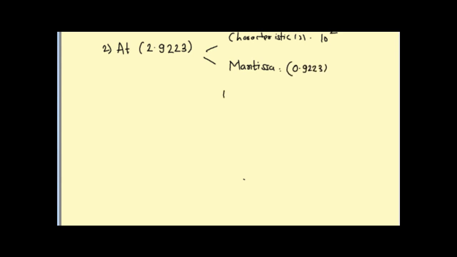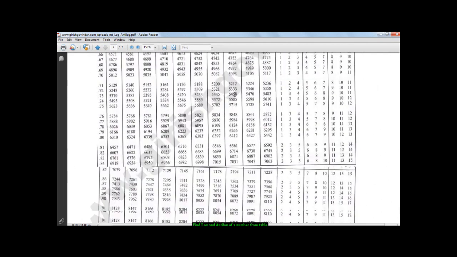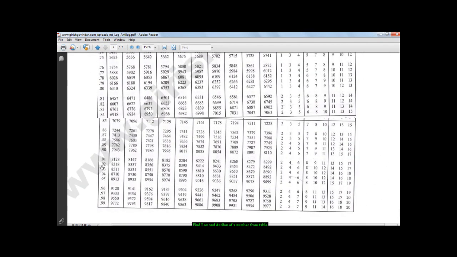So row number 0.92, that is given by the first two digits. Column number is 2, and mean difference is 3. So from these two values we'll get 0.92 and column number 3.